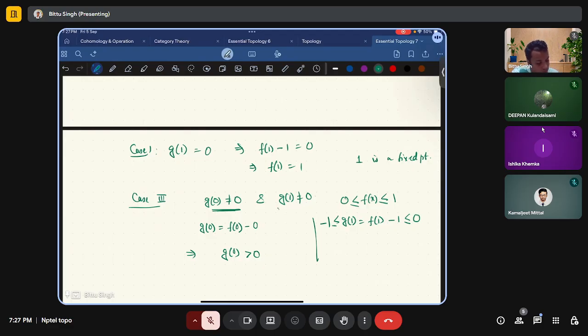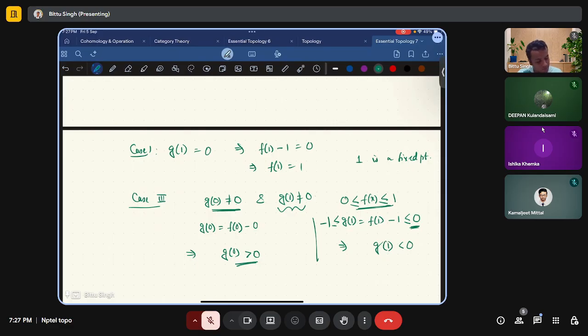But we also assume g(1) is non-zero. Therefore g(1) cannot be zero, therefore g(1) is strictly negative. For the same reasoning, f(0) belongs to [0, 1] because the range is in [0, 1], but we have already assumed that g(0) is non-zero, that is f(0) is non-zero, therefore f(0) is strictly greater than 0. g(0) is strictly greater than 0.